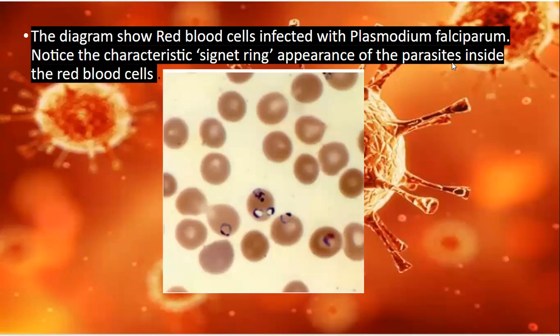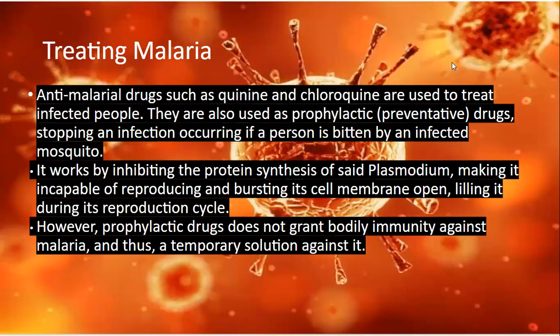The blue thing inside the red blood cells is the Plasmodium falciparum. And this is how we treat malaria. It can be treated using anti-malarial drugs such as quinine and chloroquine, which is called a prophylactic drug, which stops an infection occurring if a person is bitten by an infected mosquito.